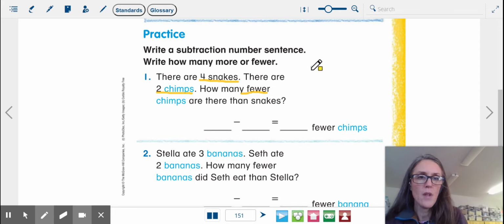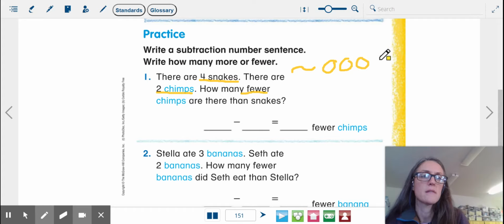Well, let's start by drawing a little snake here. So there are 1, 2, 3, 4 snakes. And how could I draw a chimp?